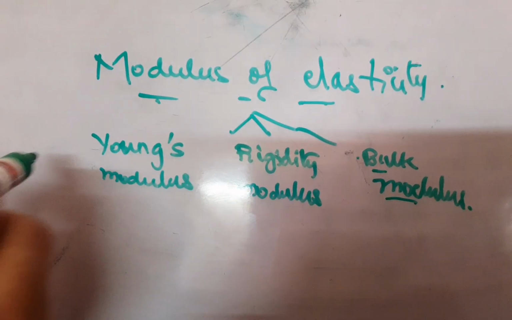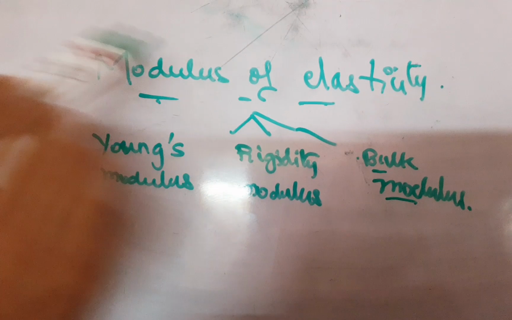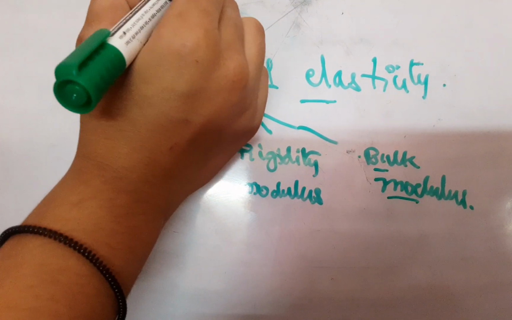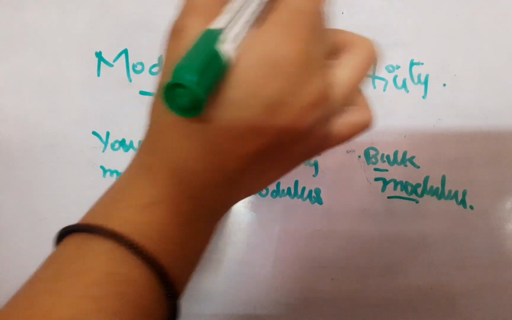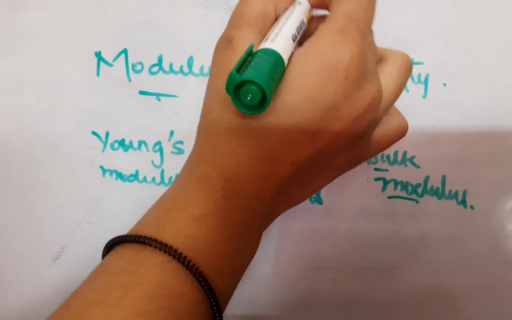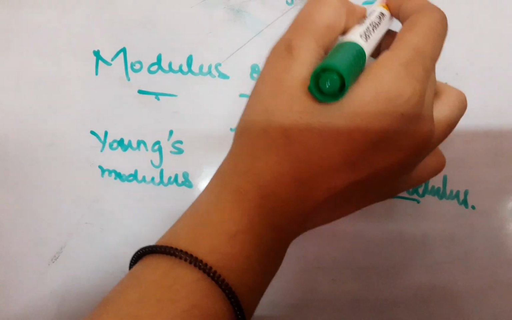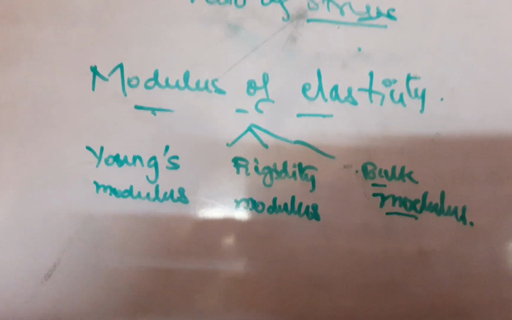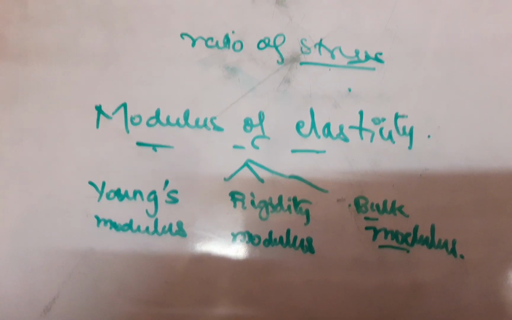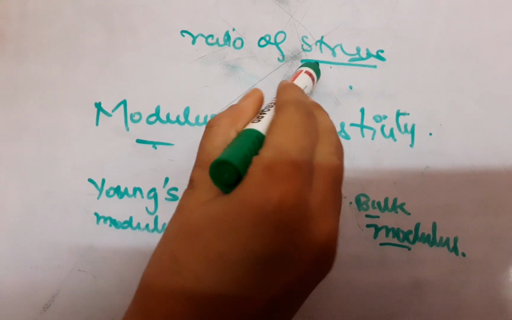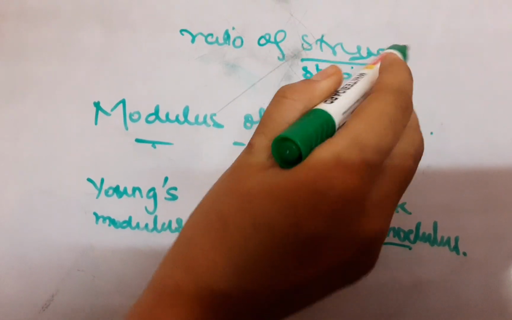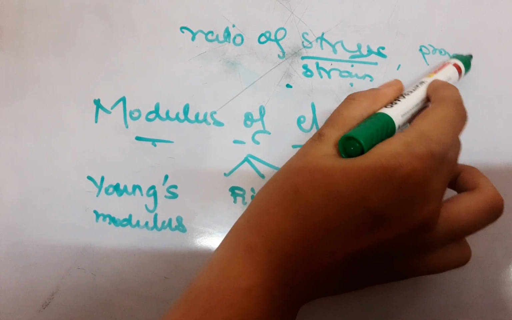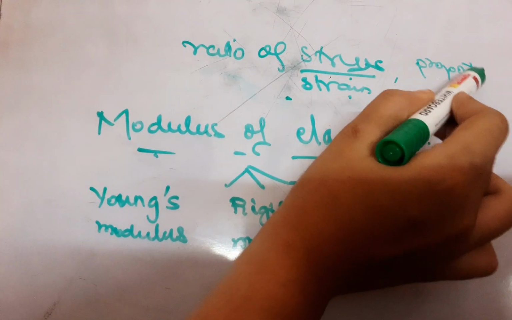Okay, so as I told you in the last class, what modulus of elasticity means is nothing but the ratio of a particular type of stress upon strain, or I can say it is a proportionality constant.